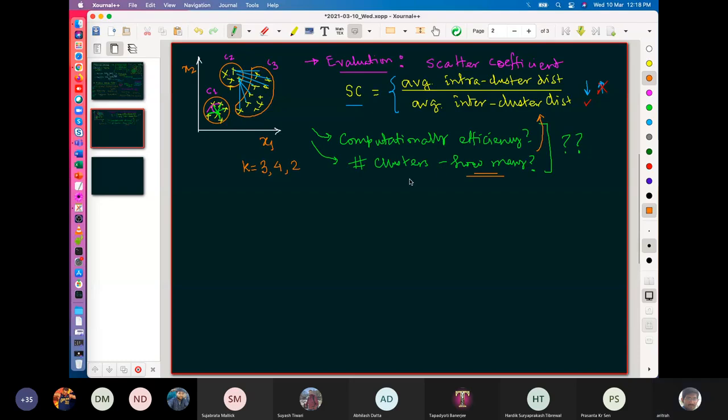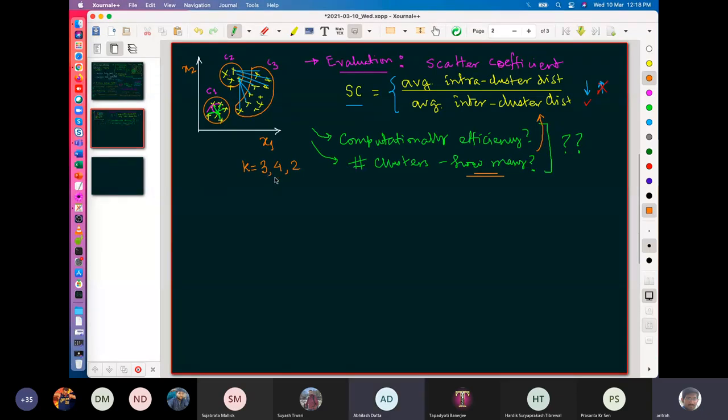Because scatter coefficient says what the efficiency of the clustering is in terms of cluster cohesion versus separation, that is, how much cohesion the clusters have internally with respect to the separations they have.